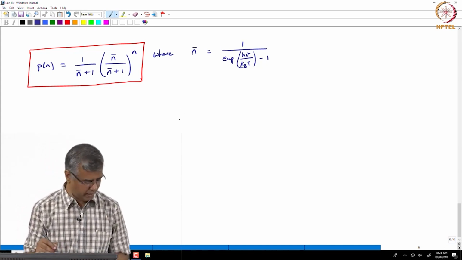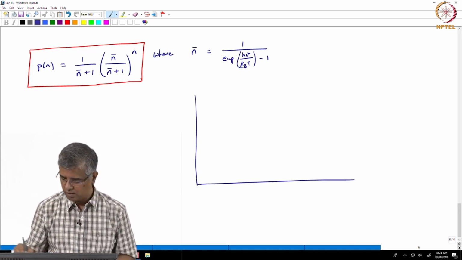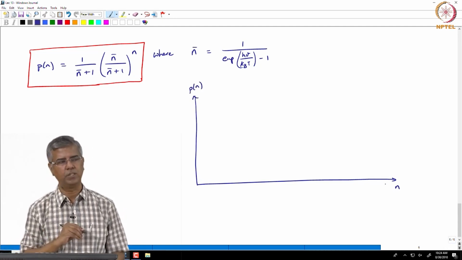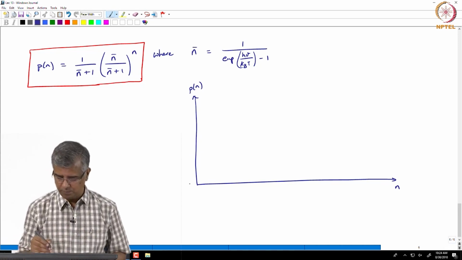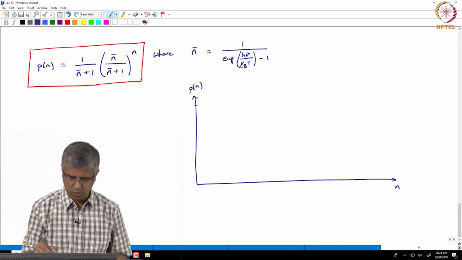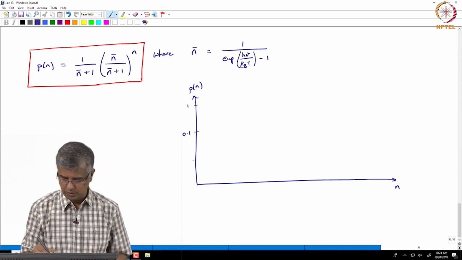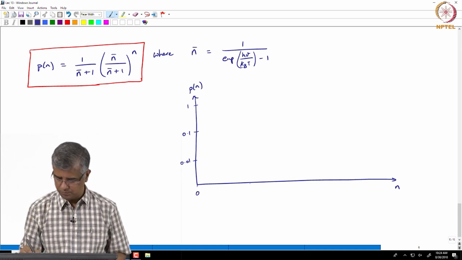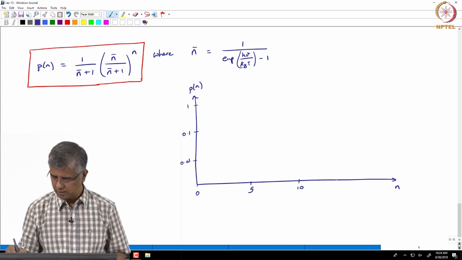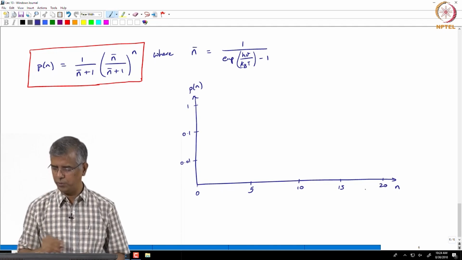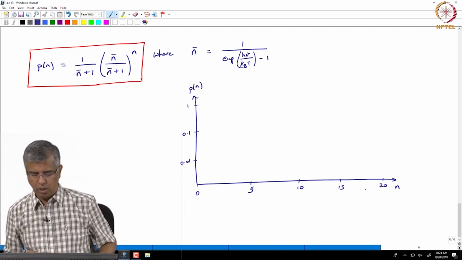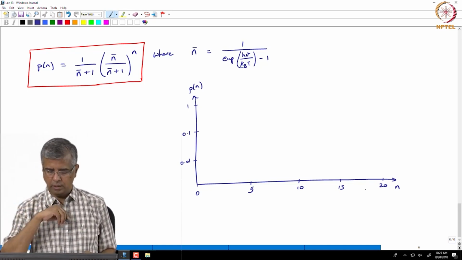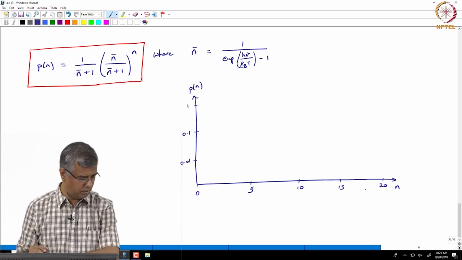For thermally excited light sources, if we look at P of n as a function of n, let us say this axis corresponds to 1, 0.1, 0.01 and lower than that, and n corresponds to 0, say 5, 10, 15, 20 and so on. Let me see what colors I used: red, blue, green.